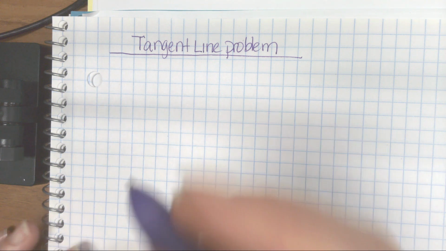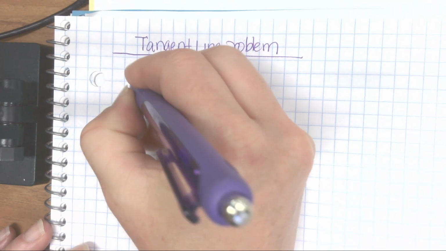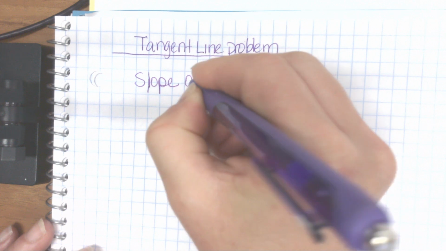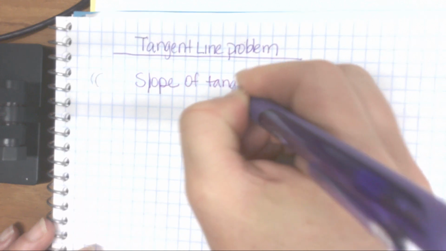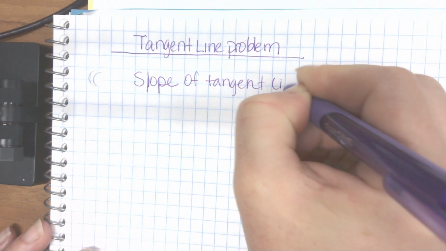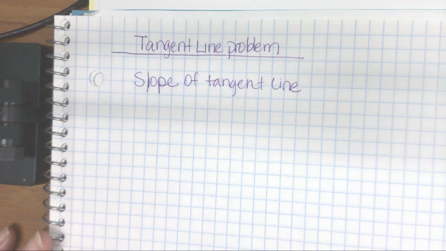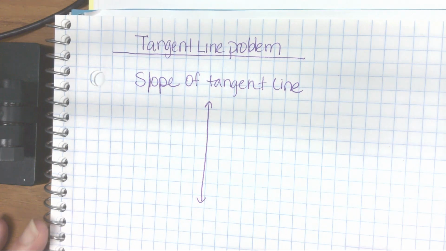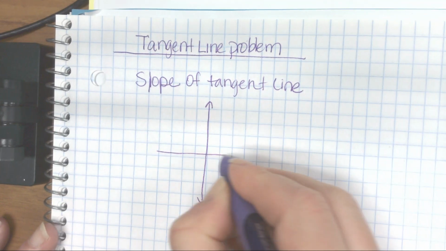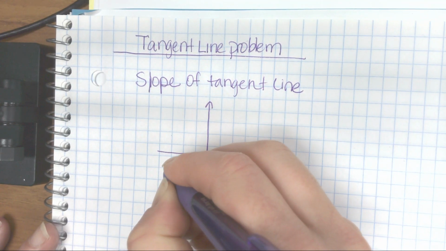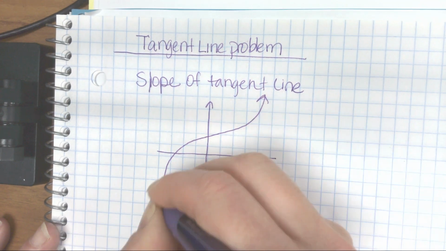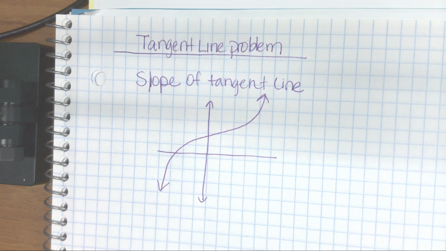So first, let's draw a picture of what I mean by the slope of a tangent line at a curve. I'm going to just draw a function that looks kind of like a cubic function. It doesn't have to be anything exact, but just something that has some curve to it.